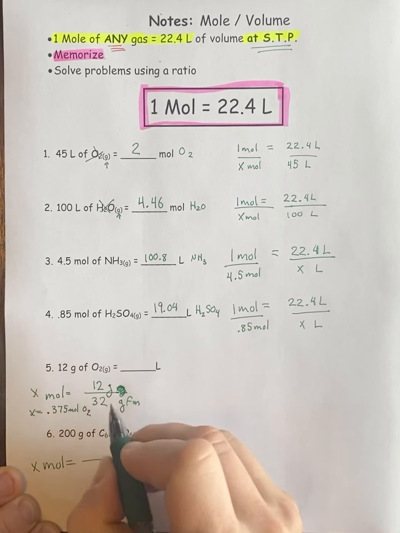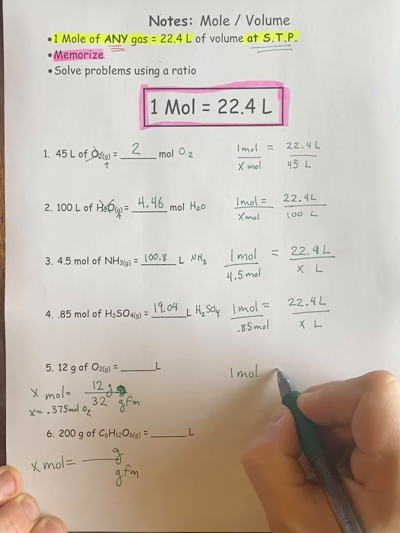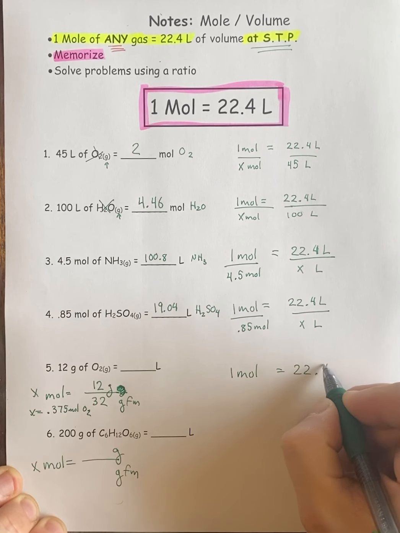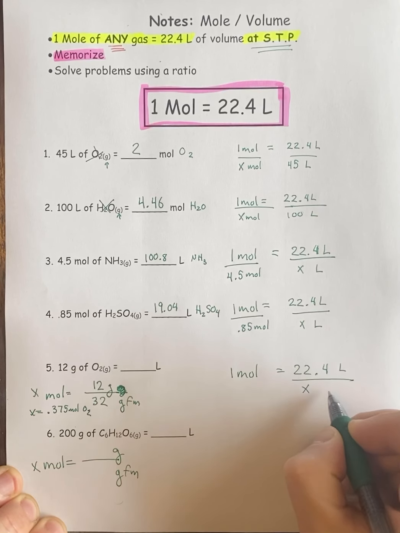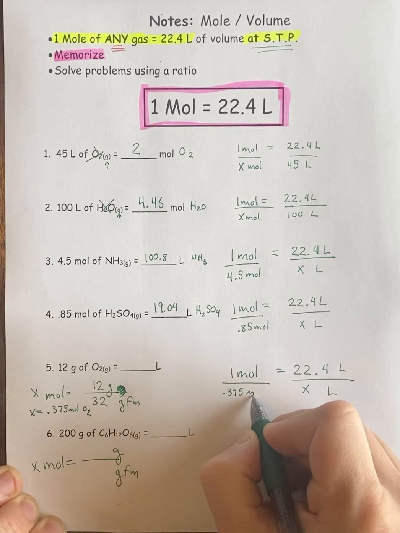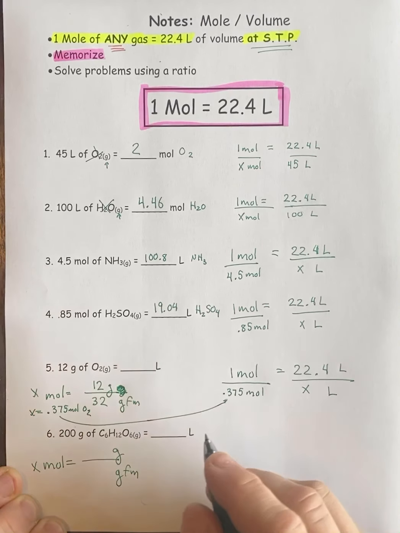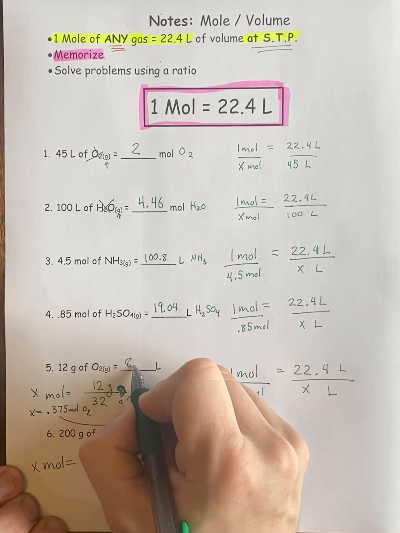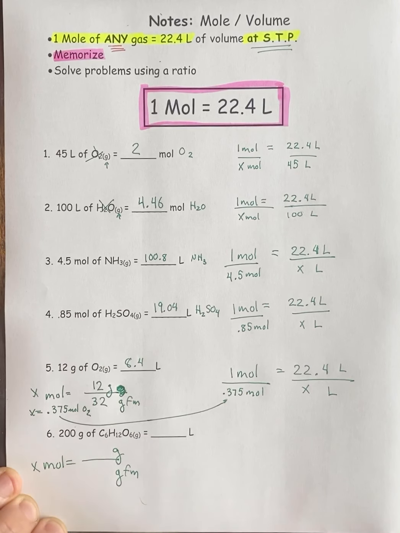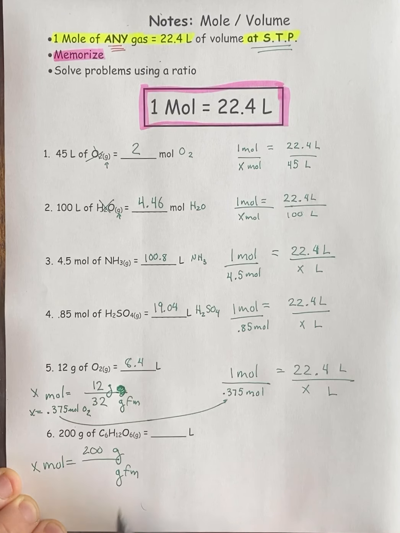So now once I have that, I do a regular problem. So I just take this answer, plug it in there. Now I do my ratio, and I get 8.4 liters. One more time, it's going to be 200 grams of glucose.